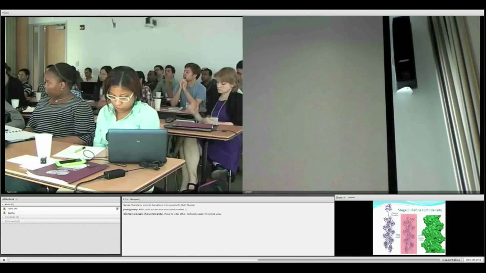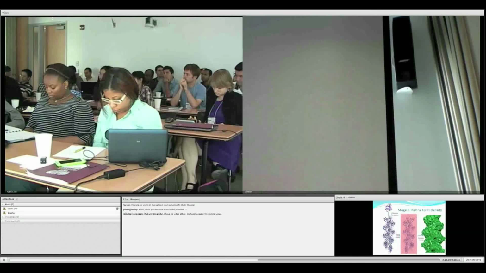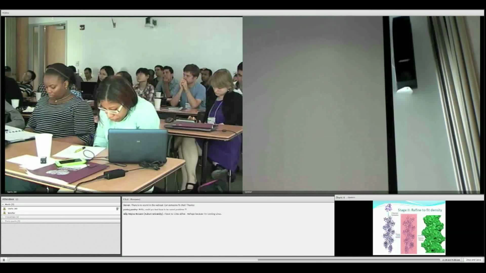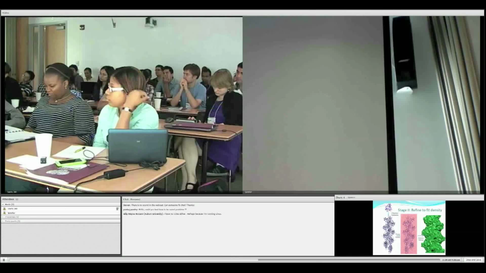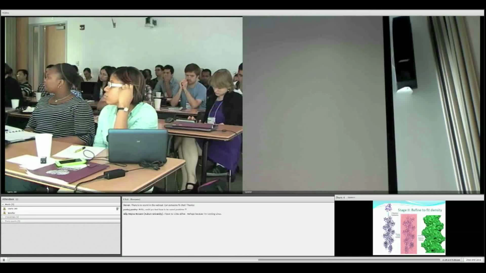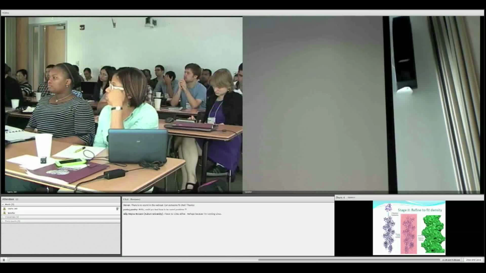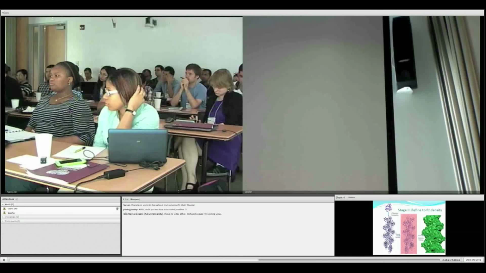So the question is, if these filaments have the same shape, would the stability depend on the shape of these monomers or the fitting? If we improve the fitting for these two models, would they get close to each other or not? This is a work in progress, but I can show you some of the data.